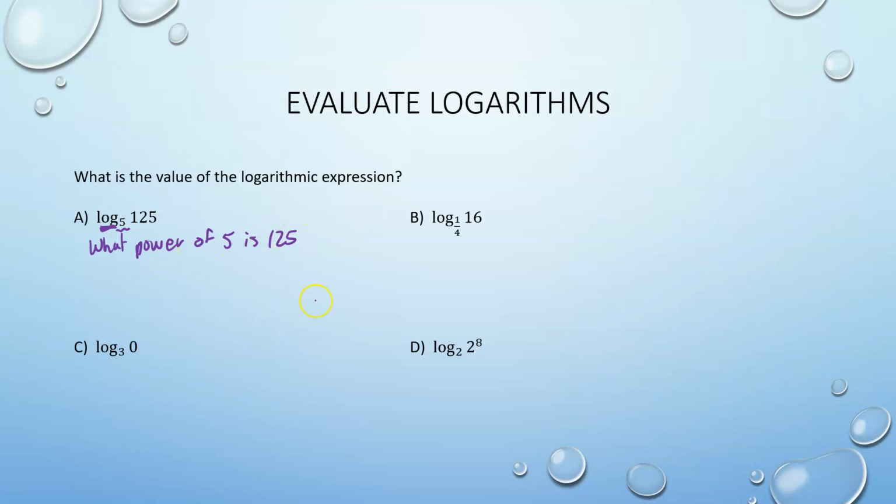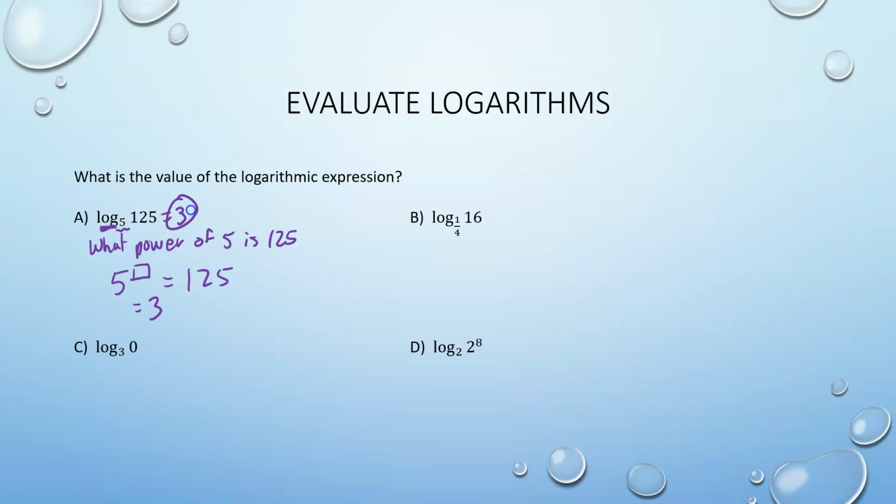You don't have to write that down, obviously, but if I think about that, really it makes me convert it to exponential, which is kind of what we thought of last chapter. Basically, 5 times itself, how many times is 125? And I know that's going to be 3. So my answer for this is 3. I can answer that without a calculator.